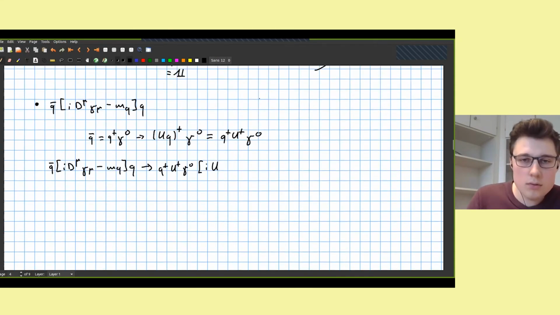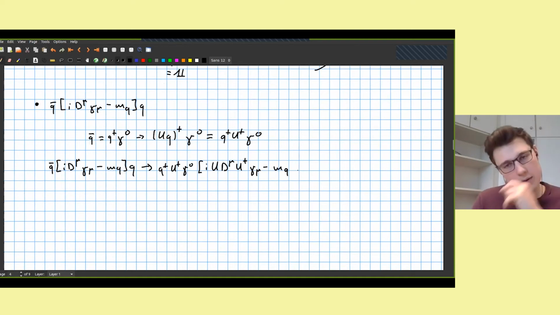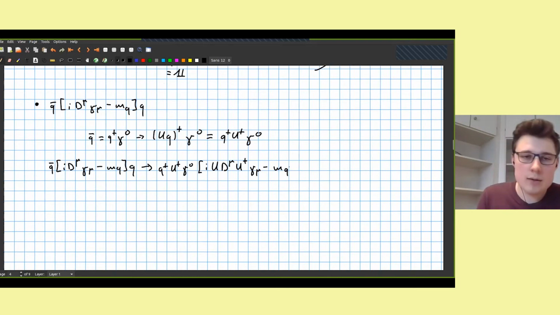Yes, U d mu U dagger gamma mu minus MQ. Again, quark mass is a simple number as under SU3, and Q transforms to U times Q.